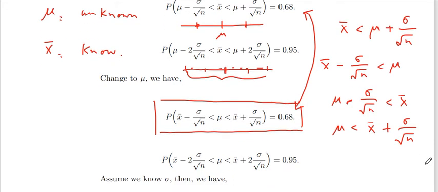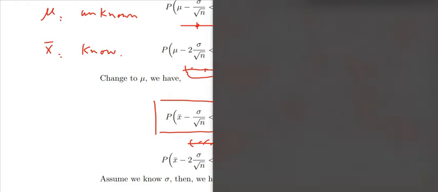So here mu is like here, x bar is here, then mu is in this range. Such a chance is 68%. In the same way we can change this statement to this one.